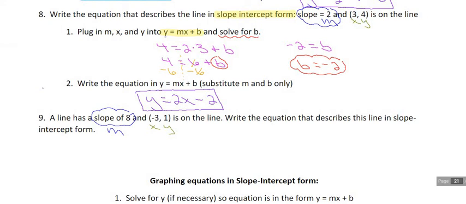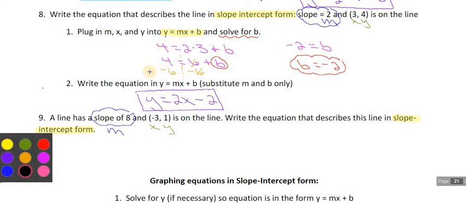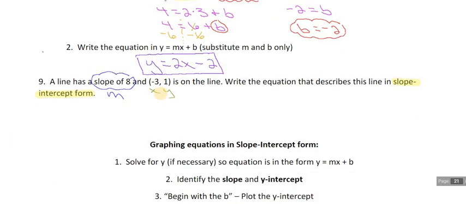Okay, so we want slope-intercept form. So we're going to start off by writing y equals mx plus b. We need slope, we need y-intercept. We have slope, but we don't have the y-intercept.